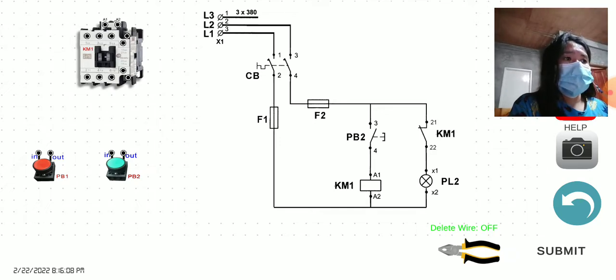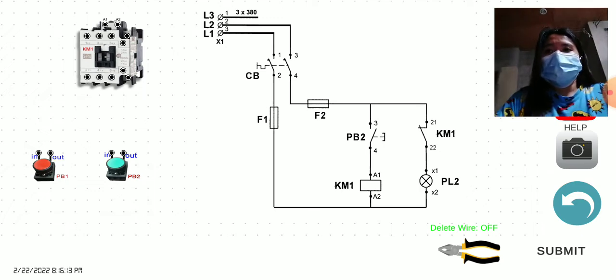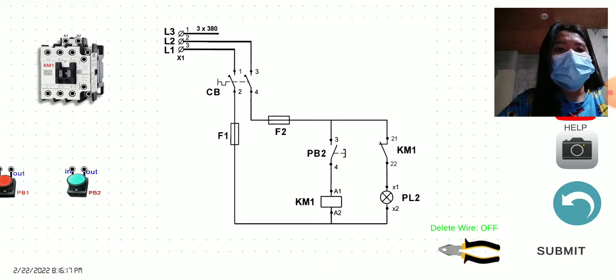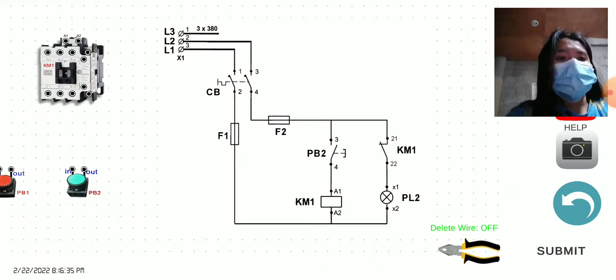So let's discuss the functionality of our electrical diagram. Again, there will be no current flowing because our PB2 is a normally open push button. It is the same here in the KM1, it is closed.